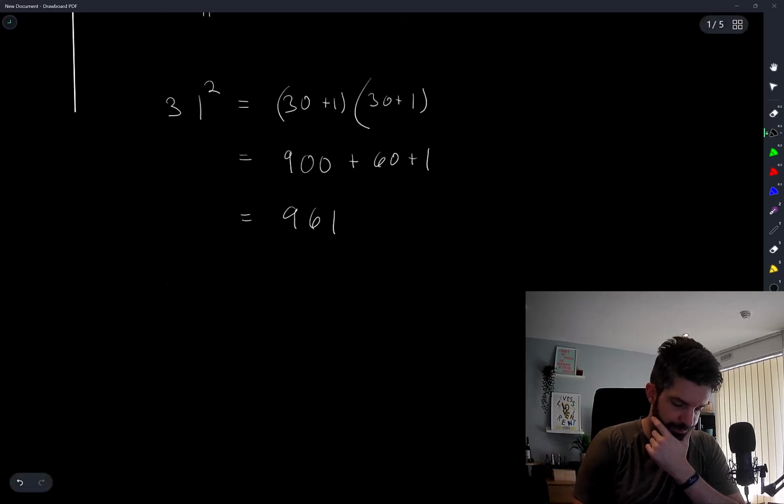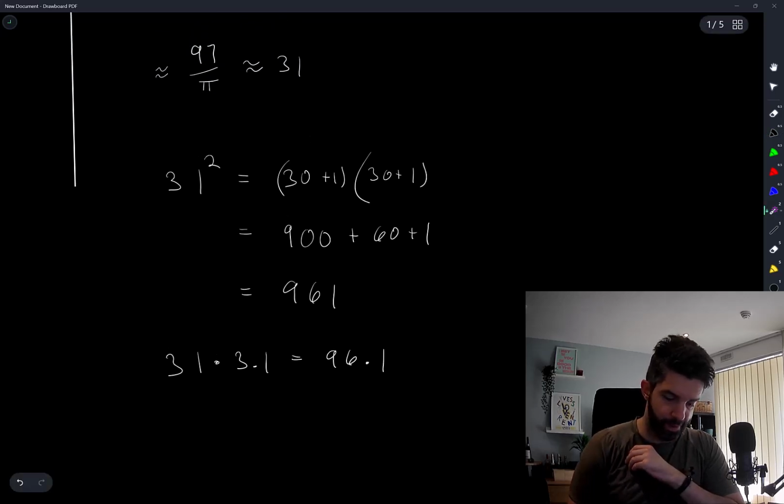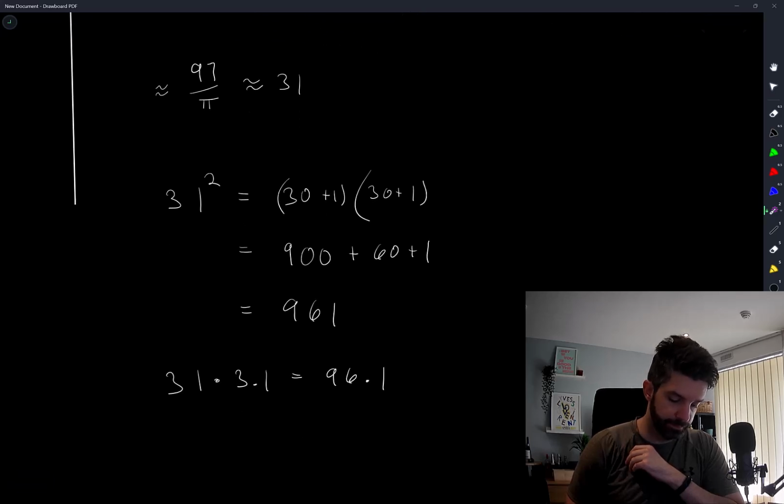Okay, so 31 times 3.1 is equal to 96.1. 3.1 is pretty close to pi.